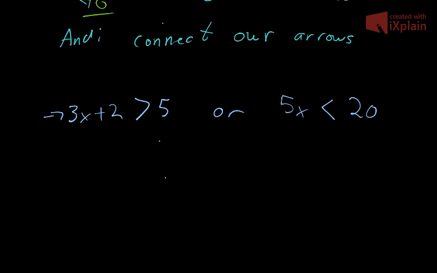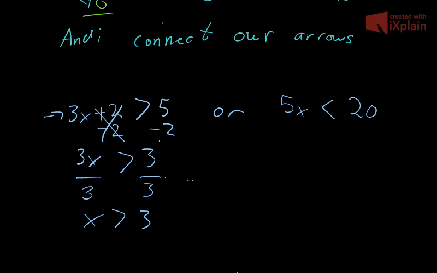I have my x here that I want to get by itself, so I'm going to start by subtracting 2. 3x stays there, plus 2 minus 2 canceled out, and I have greater than 5 minus 2, which is 3. Now to get x alone, I'm going to divide by 3, and I get x is greater than 3. I'm still going to have my or, and on this side, I'm going to get x alone by dividing by 5, and I'll end up with x is less than 4.